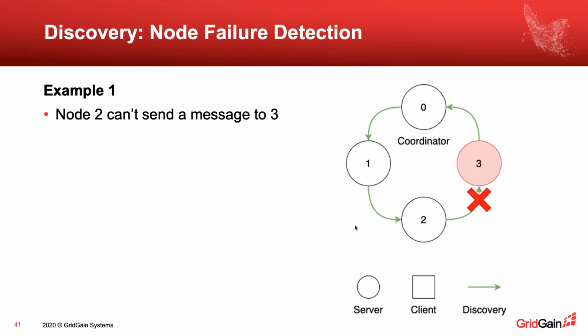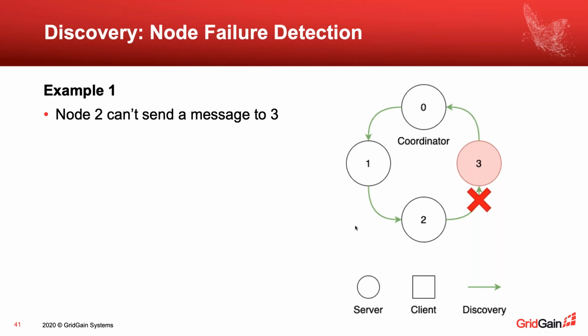It could be just hanging, it could be in a garbage collection pause for a minute, it could be completely failed, the process might have failed, network might have failed, anything could happen. But in this example, node number 2 can't send a message to node number 3. It either can't send a message or can't hear an acknowledgement back.